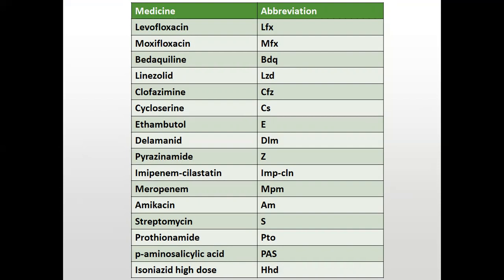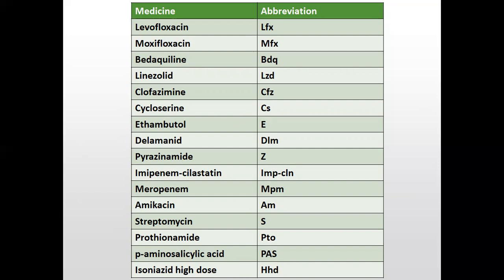Okay. And so LFX for levofloxacin, MFX for moxifloxacin, BDQ for bedaquiline, LZD for linezolid, clofazimine, CFZ, CS cycloserine, E ethambutol, DLM for delamanid, Z for pyrazinamide, IMP-CLN for imipenem, cilastatin, MPM for meropenem, AM for amikacin, S for streptomycin, PTO for proteonamide, PAS or PASER is for p-aminosalicylic acid, and HHD, ano nga yung meaning, yung H?